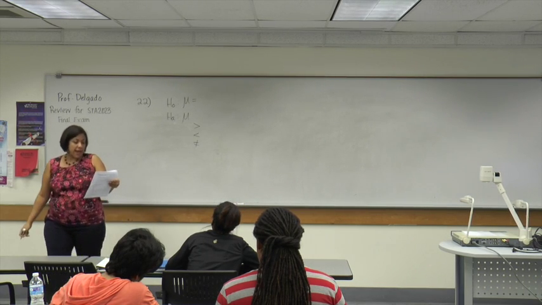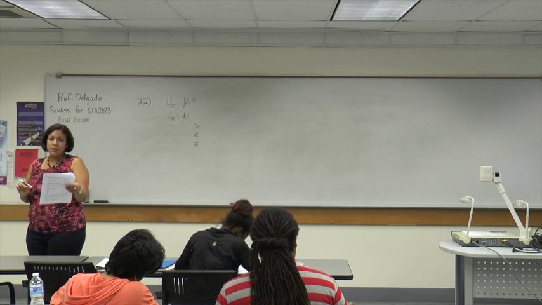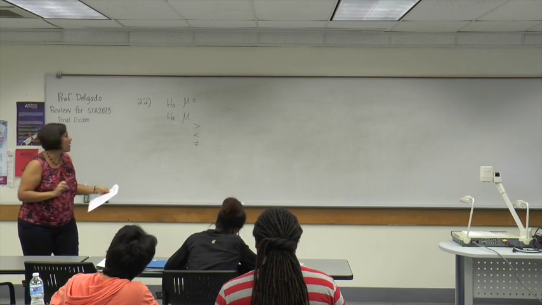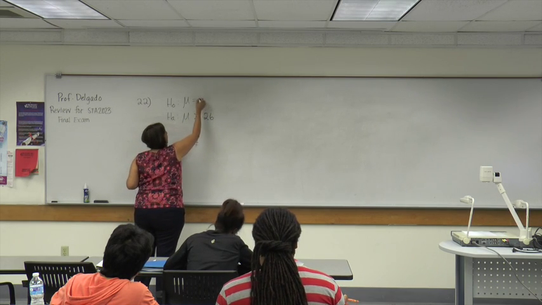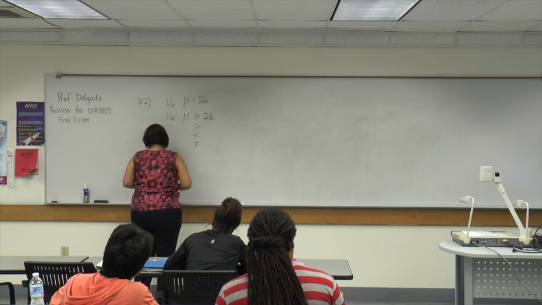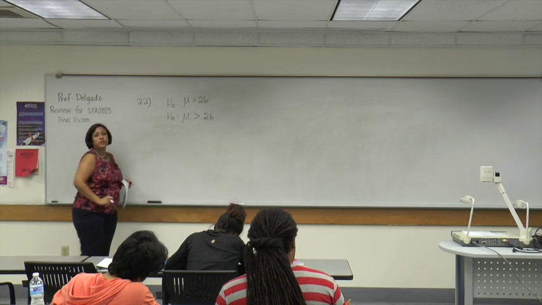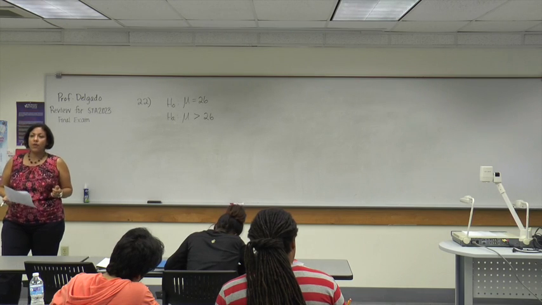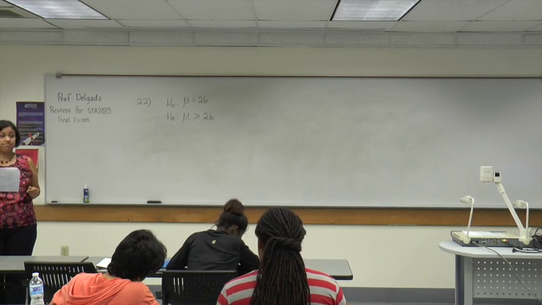The statement said, will average better than 26 miles per gallon. That implies the greater than symbol. So these are the two hypotheses for that test, and that will be letter B.